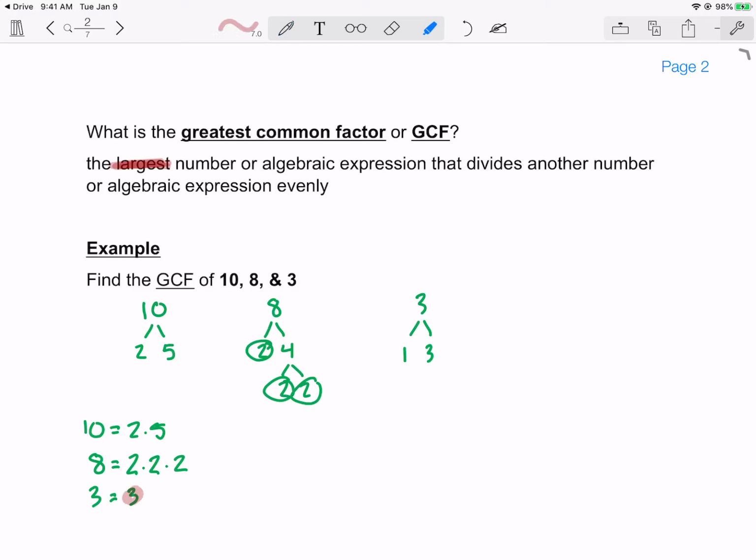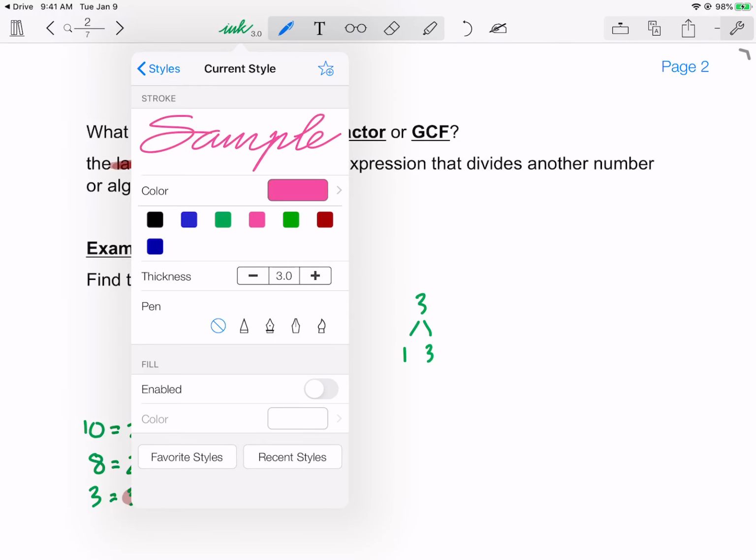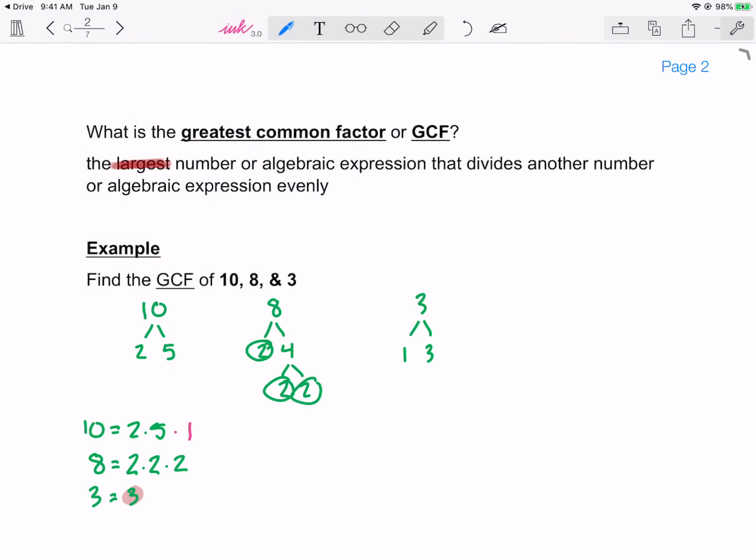I know right away that 3 is not in any of the other numbers, so the greatest common factor is simply 1. In this instance, it helps to write times 1 on all of these, because that is my GCF, since 1 is the only number that divides all three of these numbers evenly.